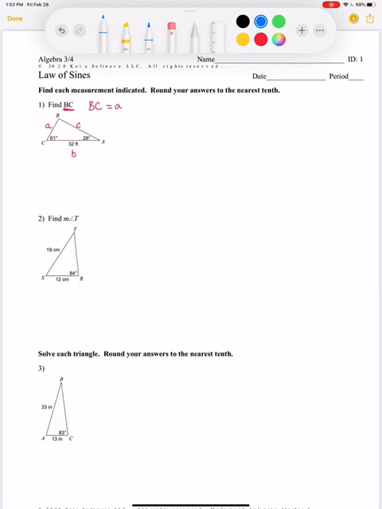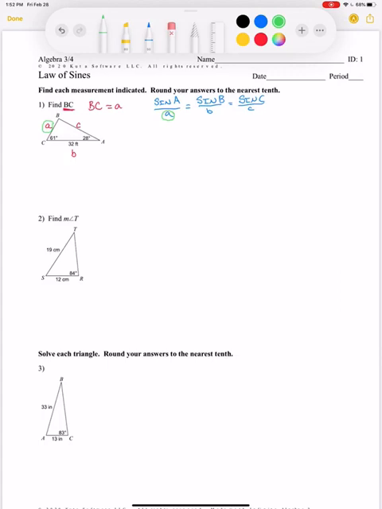So I'm going to look at what I have. I have my ratio. First off, I have the sine of angle A over side A equals the sine of B over side B, and it equals the sine of C over side C. So looking at this, I have to find little a, so I know I'm going to need that part of it.